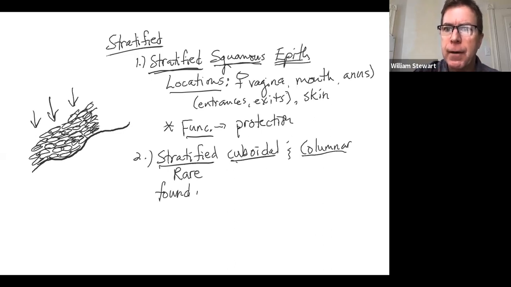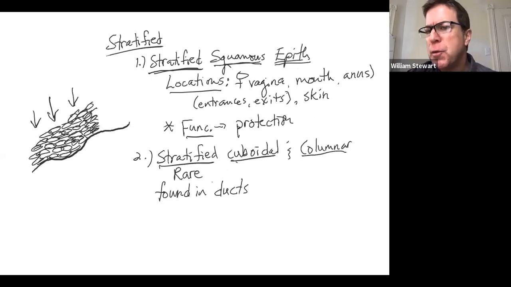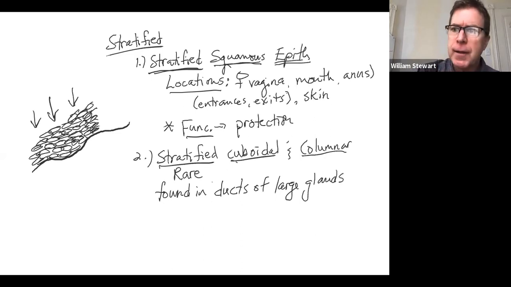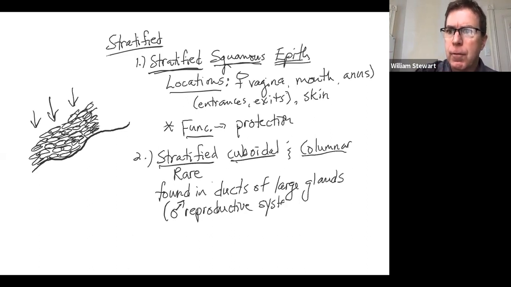They are typically found in ducts, D-U-C-T-S, which just means tubes, of large glands, specifically the male reproductive system, and female mammary glands.